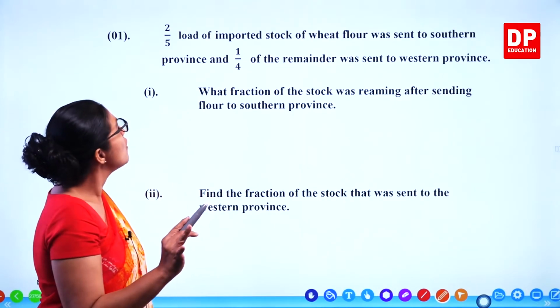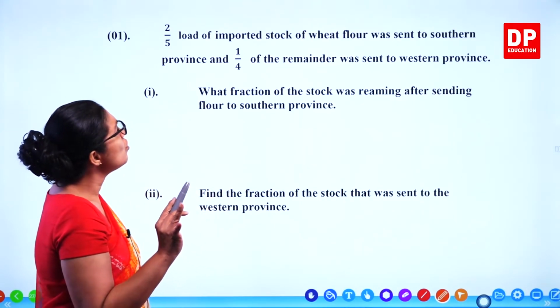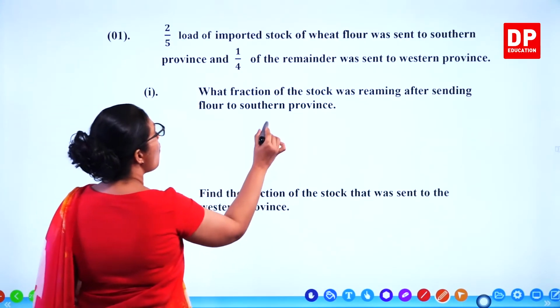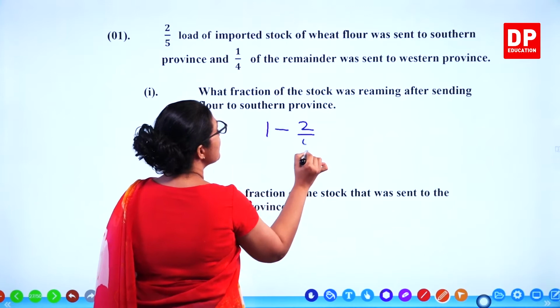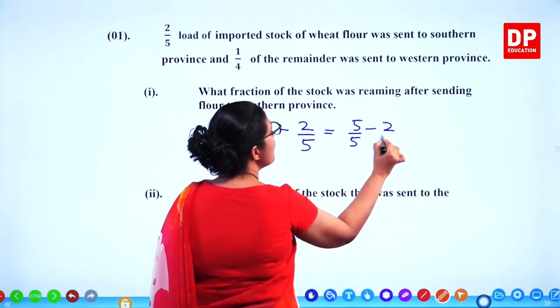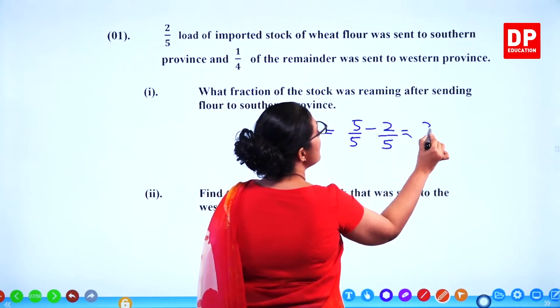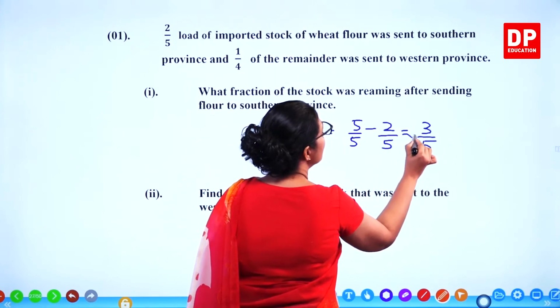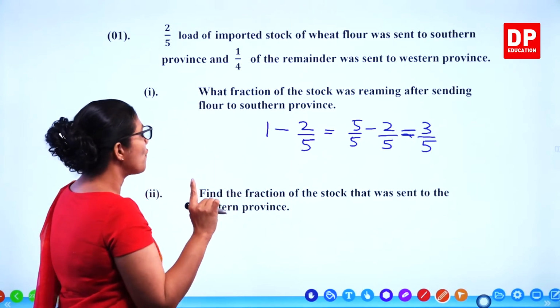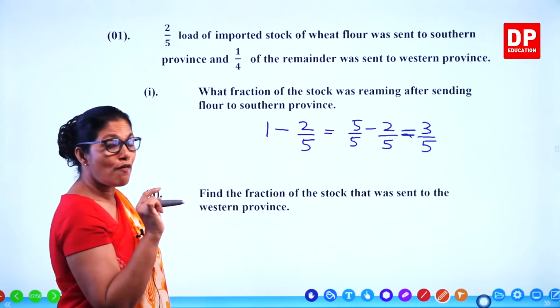So 2/5 of the imported stock was sent to southern province. What is the remaining amount? 1 minus 2/5, that's 5/5 minus 2/5, so you get 3/5. That's the remaining amount. Find the fraction of the stock that was sent to the western province.